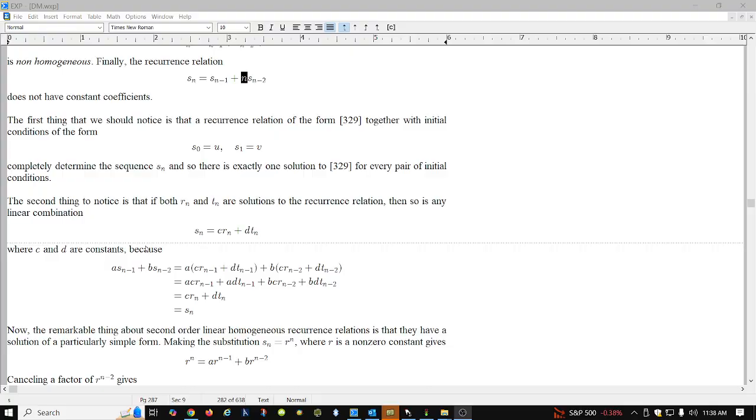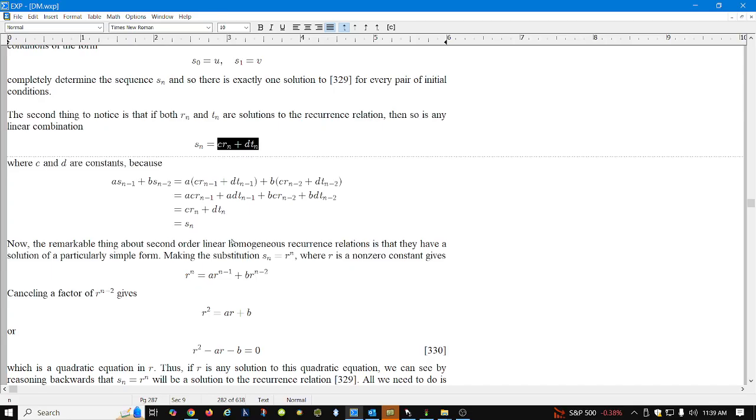The second thing to notice is that if we have two solutions, Rn and Tn, to the recurrence, then any linear combination, C Rn plus D Tn, where C and D are constants that don't depend on n, is a solution. And that's just a matter of plugging things in. So I'll let you look at that.